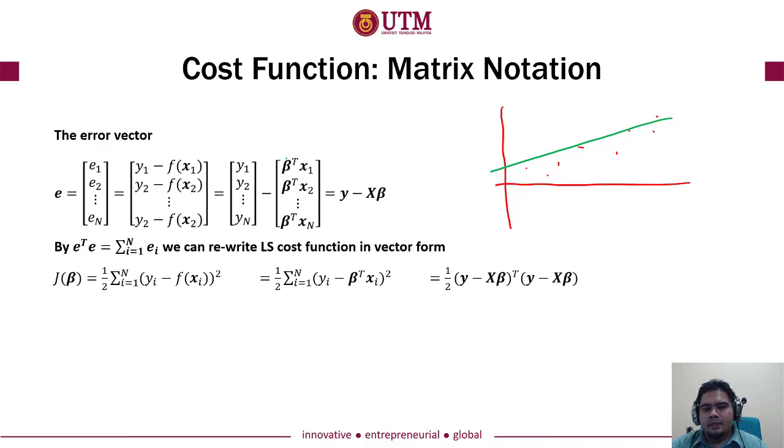In this example it should be y equal to beta naught plus beta 1 x1, because this is your x1 and this axis is your y. You only have one feature.